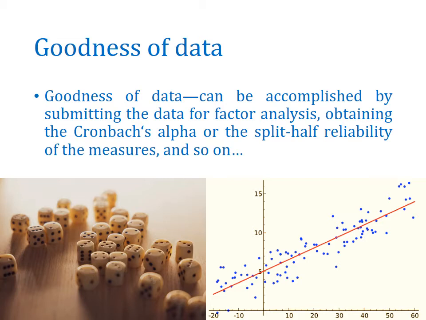The basic purpose of goodness of data is to provide the platform for the researcher for factor analysis, obtaining Cronbach's alpha, and checking the reliability of the data. Many steps are involved in goodness of data, and inshallah we will discuss it in detail in upcoming videos and lectures.